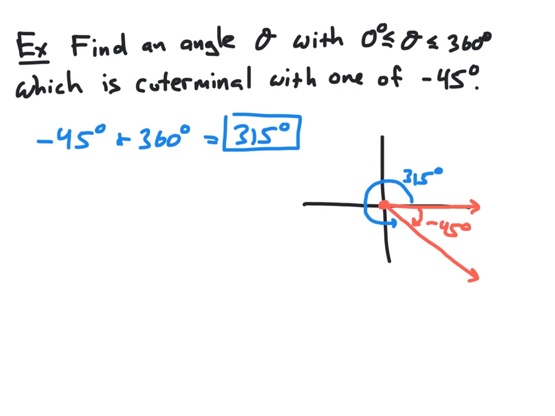And so these are clear enough that these will be coterminal, and we can see here that these two angles differ by a complete rotation. If you take the negative 45 degree angle and rotate it counterclockwise 360 degrees, you'll have obtained the 315 degree rotation.